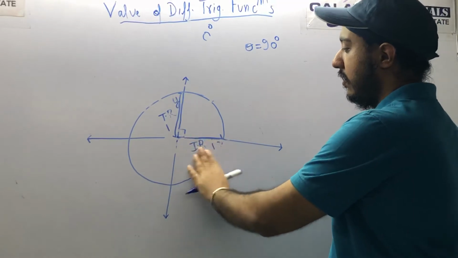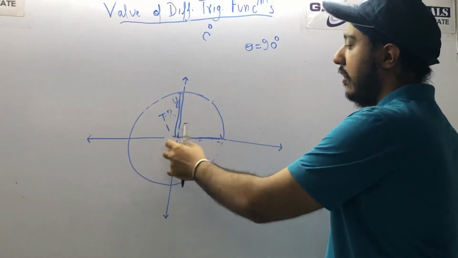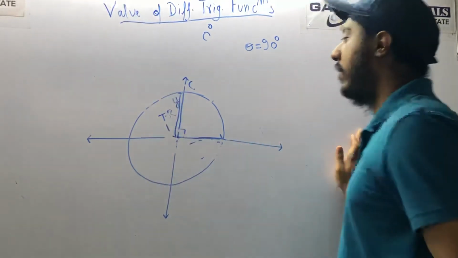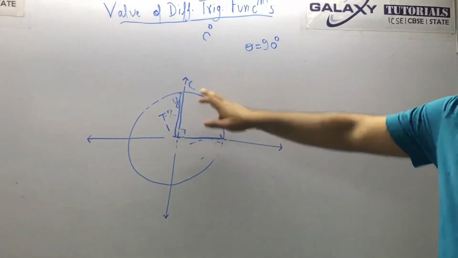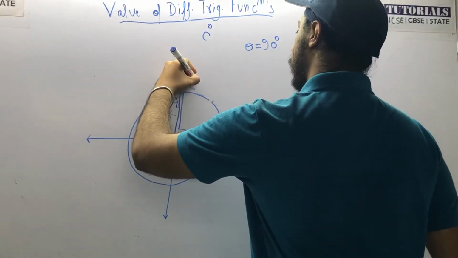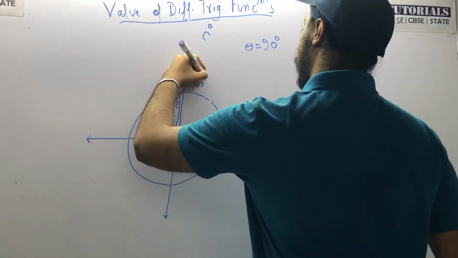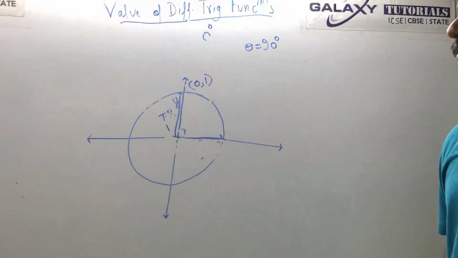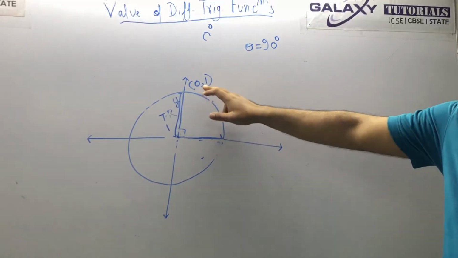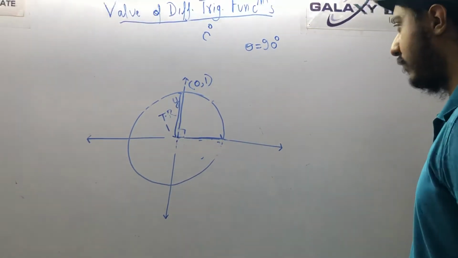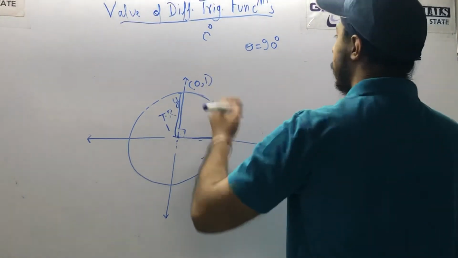This here is the 90 degree angle, and this point here will be how much? This will be 0, 1, because the x component here is 0 at this point. So the value of x is 0 and y is equal to 1.